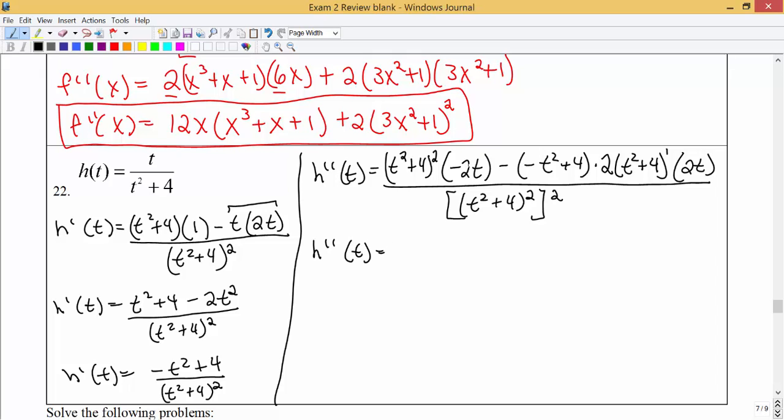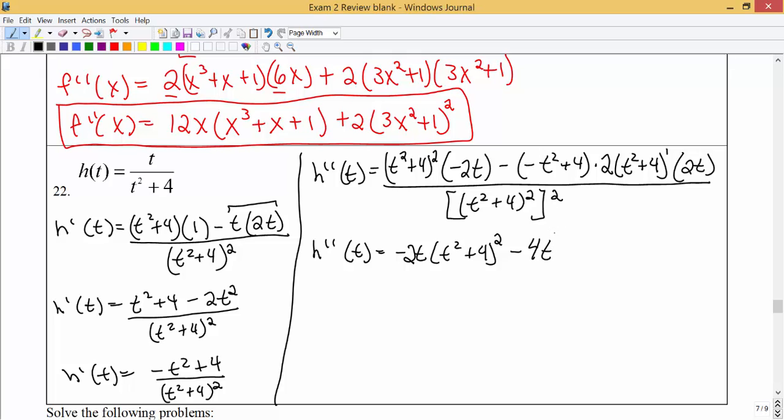Let's do a little bit of cleanup. In my first term, we have a single group of negative 2t, so I'm going to bring that out to the front. And I'm going to leave the groups as they are. Minus, and here we have two singles, we have 2 and 2t, so I'm going to multiply them together out front.